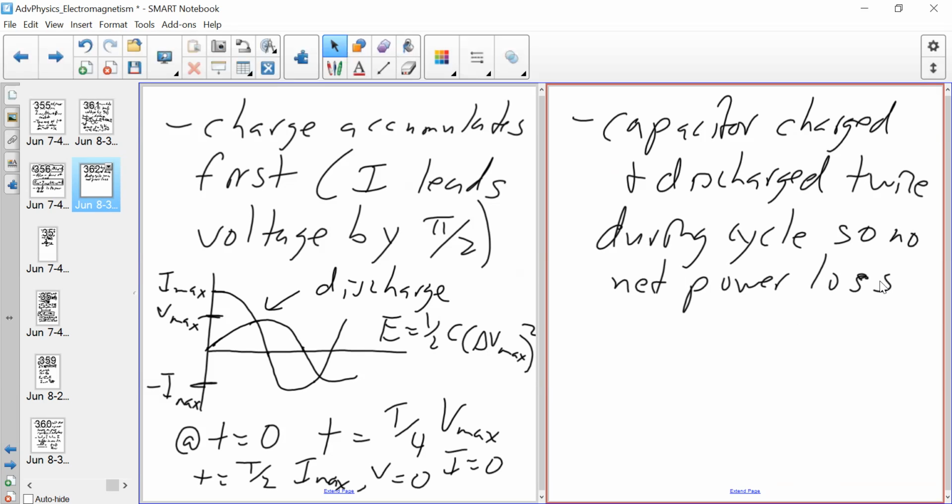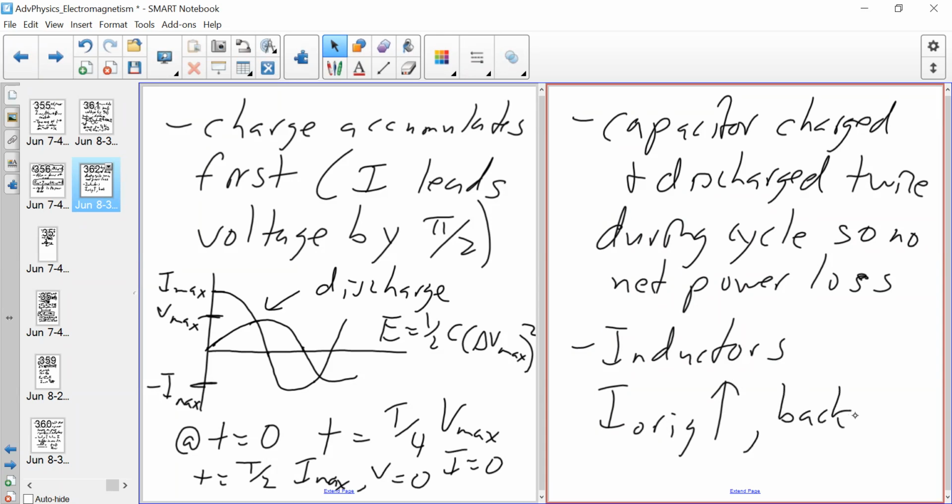Just to keep it simple with the inductors, basically the same thing. I'm just going to draw a picture of that. So let's say, just a slight diagram. We have the original current going through the inductor, and it is increasing through time. So that's going to set up a back EMF, this EMF that's going to counter the EMF coming in.